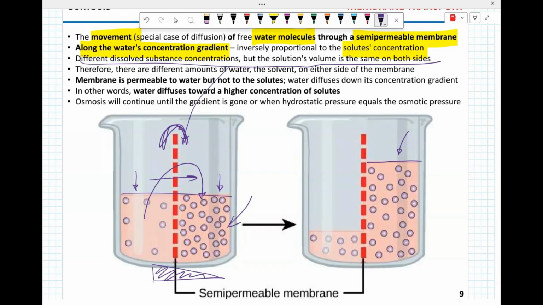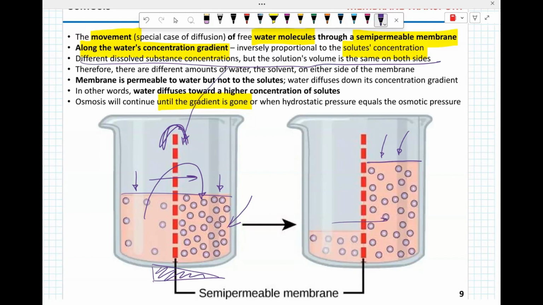So osmosis will continue either until the water gradient disappears, just like in any diffusion, or if the hydrostatic pressure of the solution on the right will equilibrate the diffusion of water from left to right.